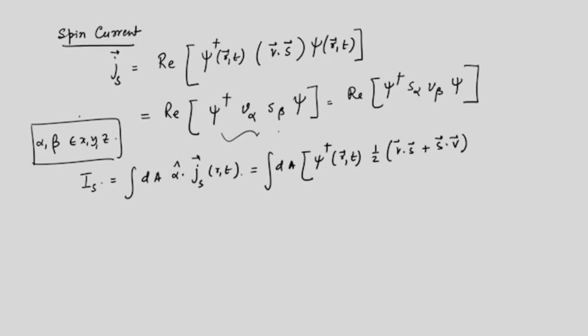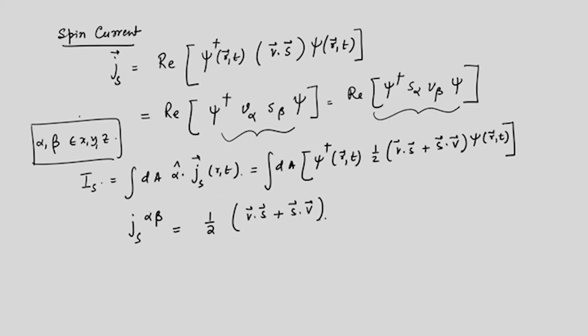So, we write the V dot S terms as half of V dot S plus S dot V and then psi of R T. Now, that brings in an anti-commutator, and this J S alpha beta can be written as half of V dot S plus S dot V.